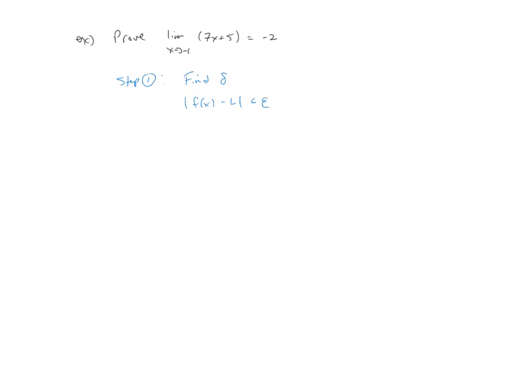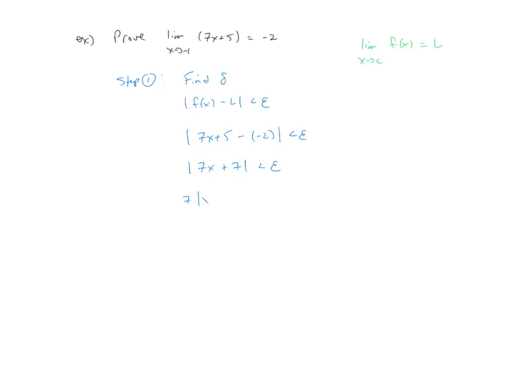Now, if you look at what we're given in terms of the limit to prove and the traditional notation we've been using, the limit as x approaches c of f of x equals L, our function would be that 7x plus 5. The L value in our case would be a -2. And so by plugging that in and simplifying a bit, I get the absolute value of 7x plus 7 is less than epsilon.